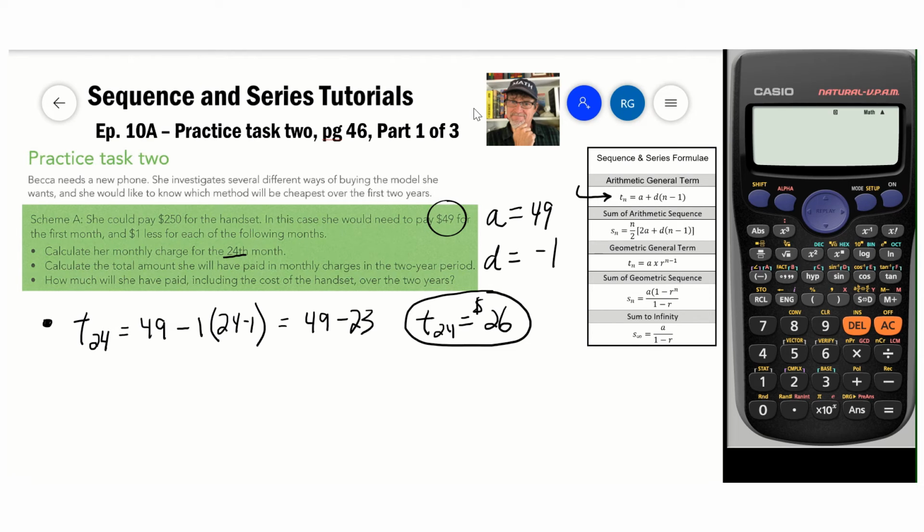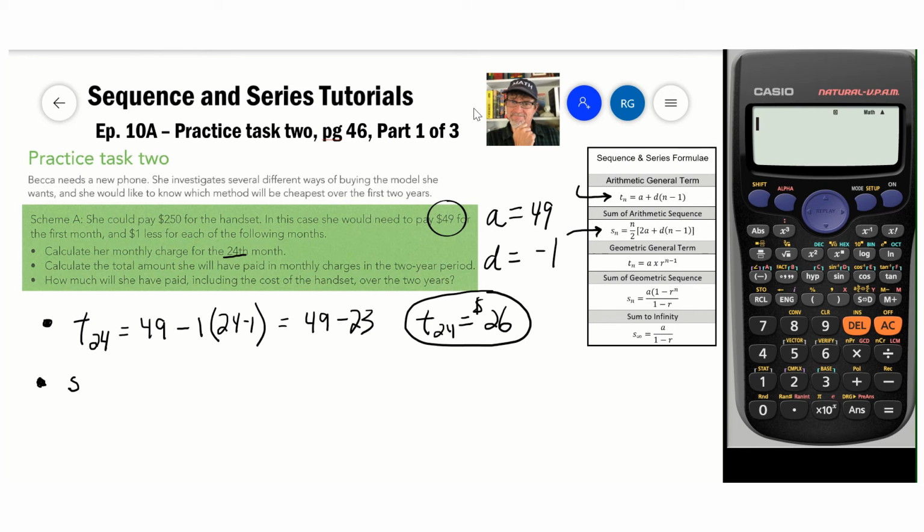Okay, second part of this Scheme A. Calculate the total amount she will have paid in monthly charges in the 2-year period. Okay, so they're wanting us to add up how much she pays each month. And that's what we use this formula here for, the sum of an arithmetic sequence. So all of our variables are the same. We just got a different formula.